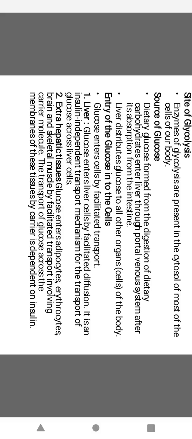Next, extrahepatic tissue, which means organs other than the liver. Glucose enters adipocytes, erythrocytes, brain, and skeletal muscle by facilitated transport involving a carrier molecule. The transport of glucose across the membrane of these tissues by the carrier is independent of insulin.